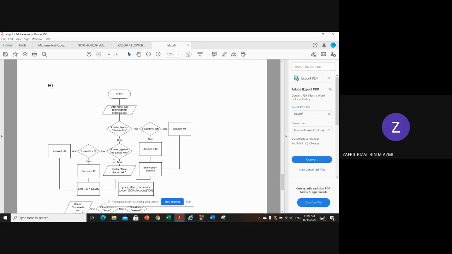Remove this and remove this, and this one, and this one also remove. So if false, it will go straight over here. The line goes directly here. If false, over here. Alright? Get it?